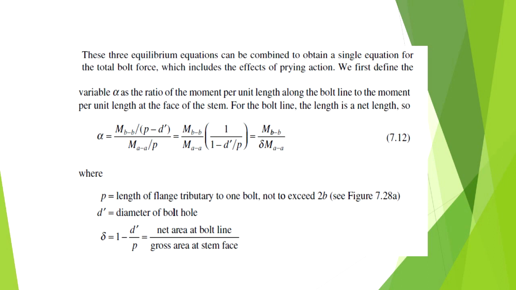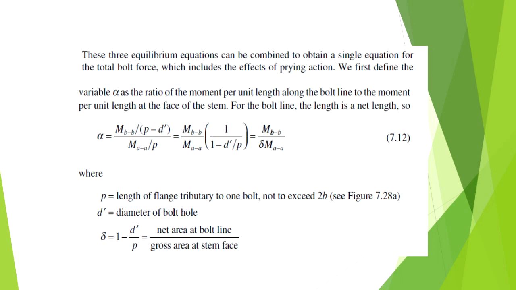These three equilibrium equations can be combined to obtain a single equation for the total bolt force, which includes the effects of prying action. We first define the variable alpha as the ratio of the moment per unit length along the bolt line to the moment per unit length at the base of the stem.